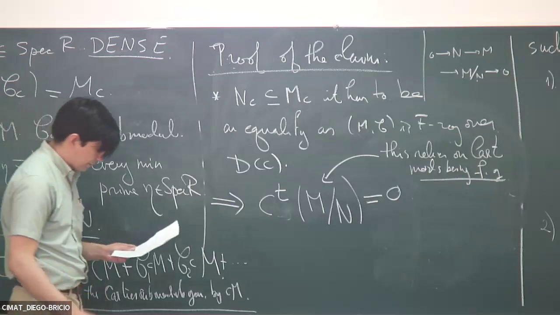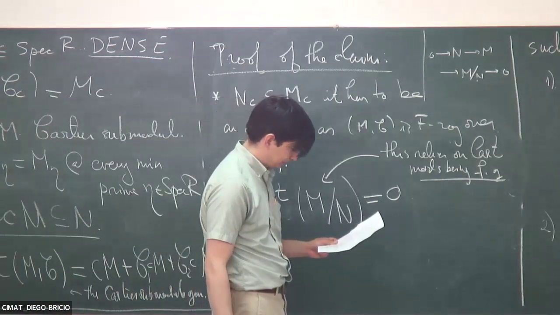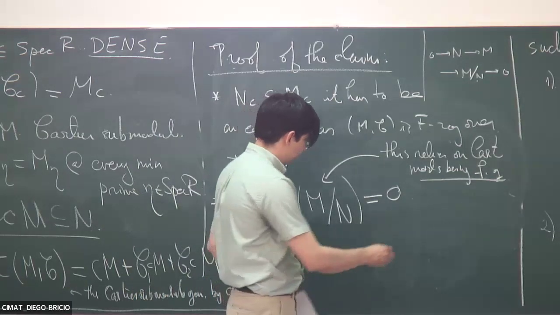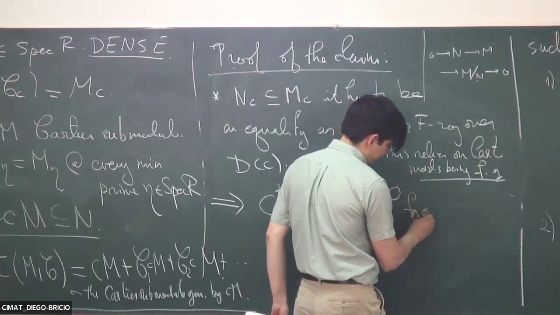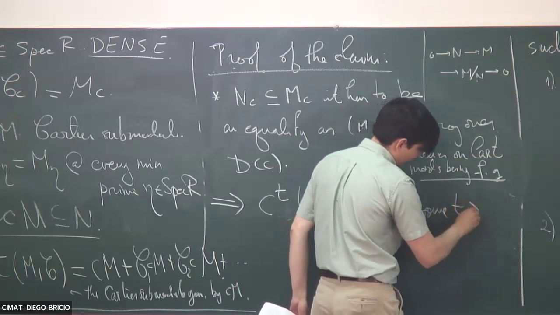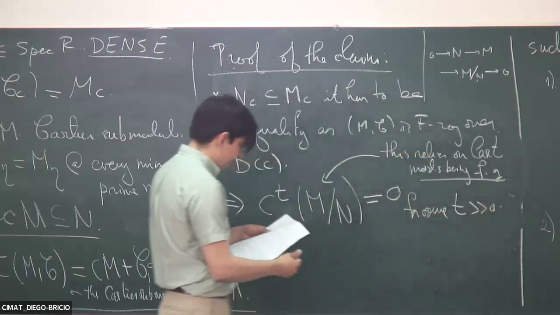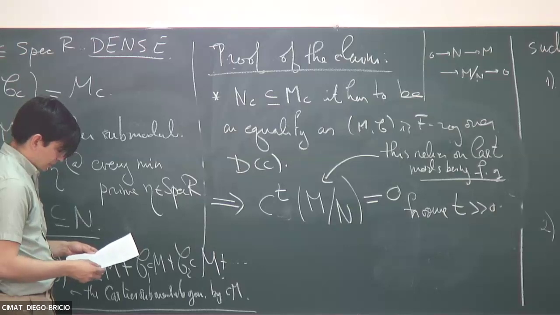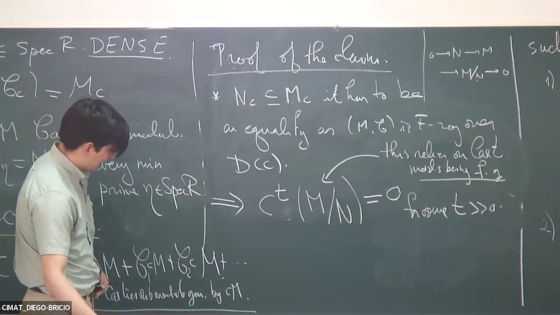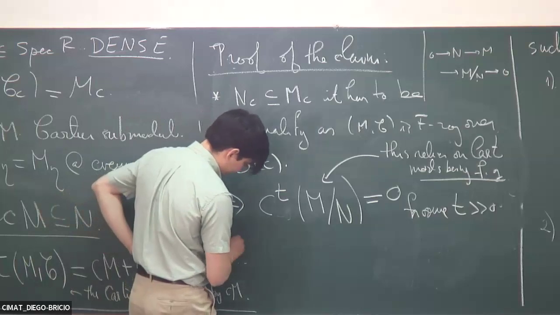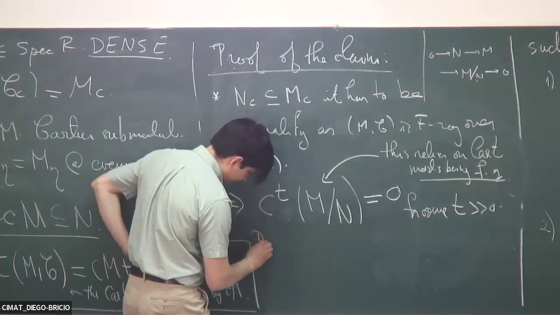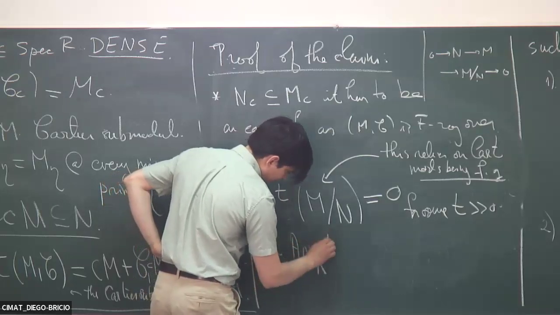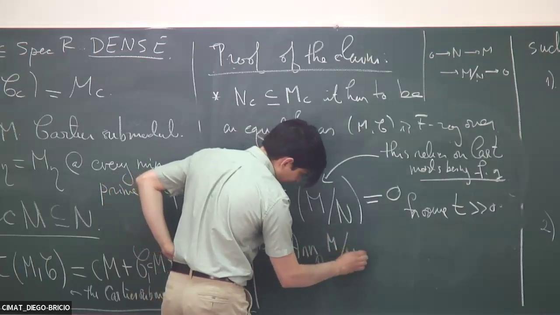So you can see that here. We have this scaling here. Now, let's say for some t sufficiently large. So everything so far is kind of trivial. But what do we know about this?